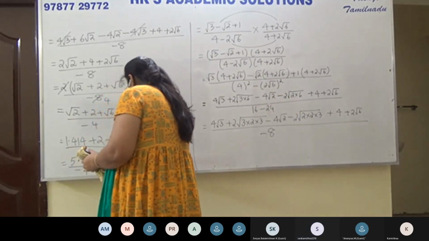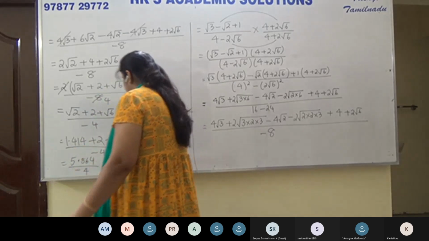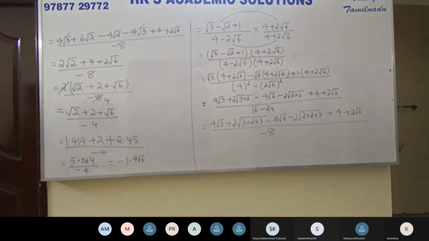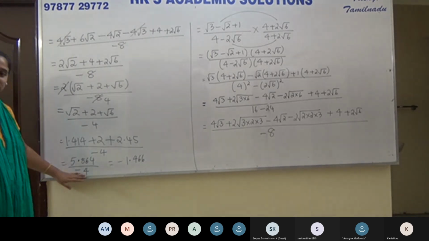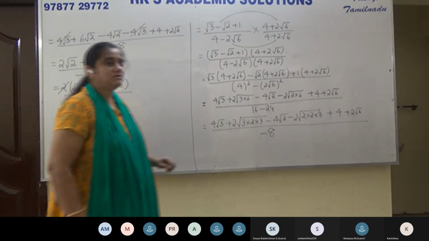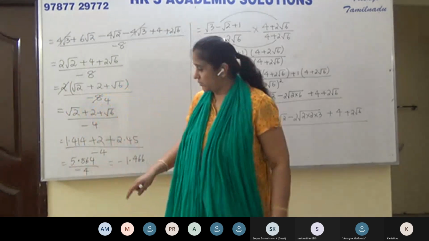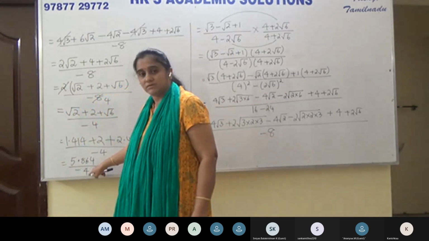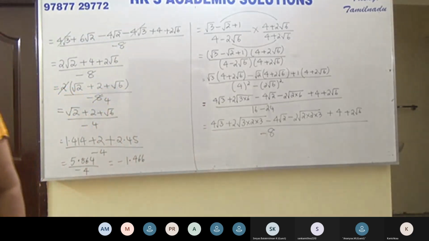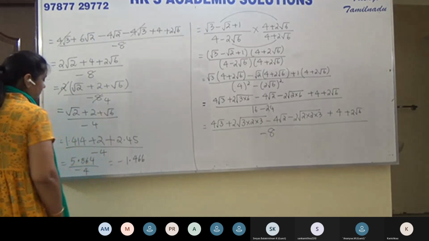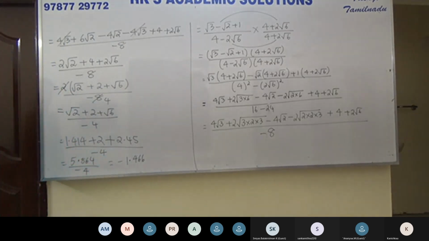Which is minus 1.466. So children, see the denominator is 4. What have we learned? When the denominator has primes only 2 and 5, it will have a terminating decimal expansion, and you can see it here, minus 1.466.